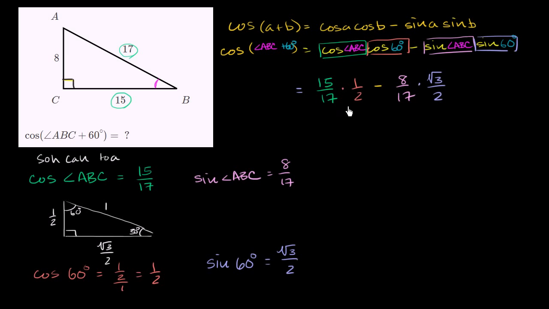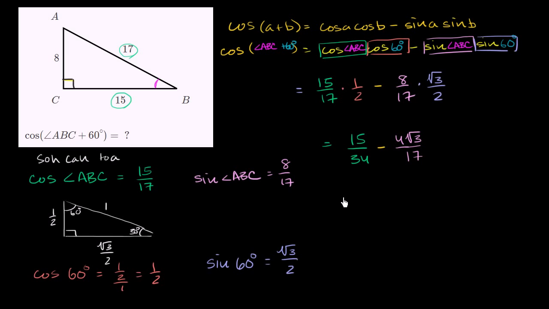And now we just have to simplify a little bit. So this is going to be equal to, if I multiply 1/2 times this, let's see, that's going to be 15 over 34. 15 over 34 minus, and let's see, we're dividing by 2, so it's 4/17. I'll write this, 4 square roots of 3 over 17.